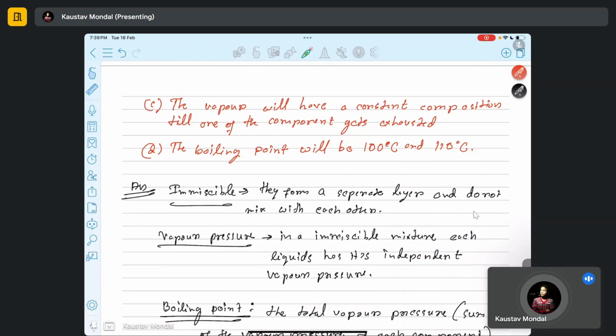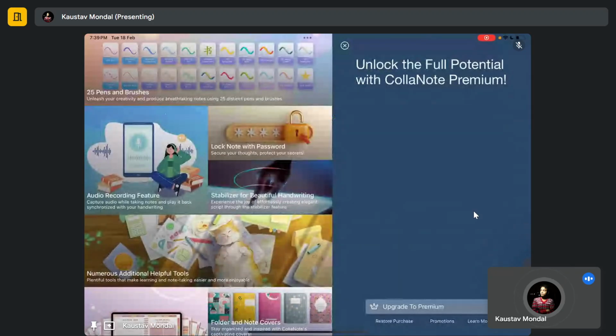So the mixture will only boil when the sum of the vapor pressures is equal to the atmospheric pressure, which we already know. And as one of the components boils off, the temperature remains constant until one of the components is exhausted, right?